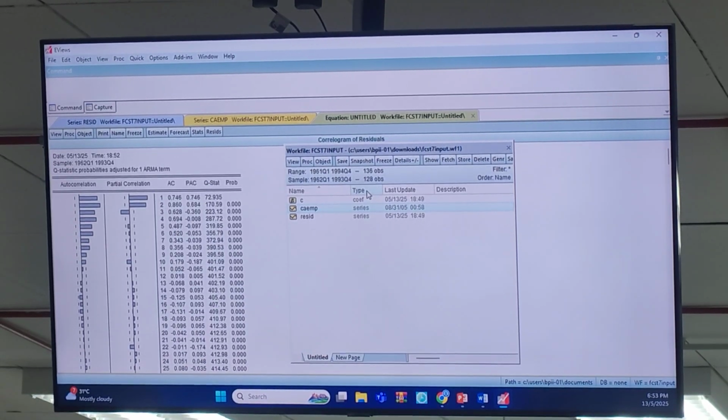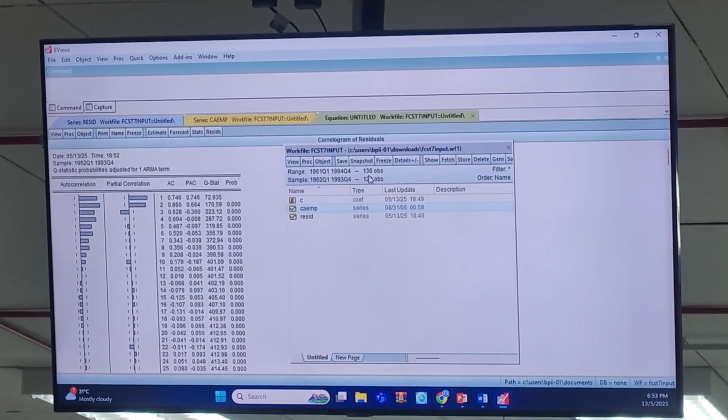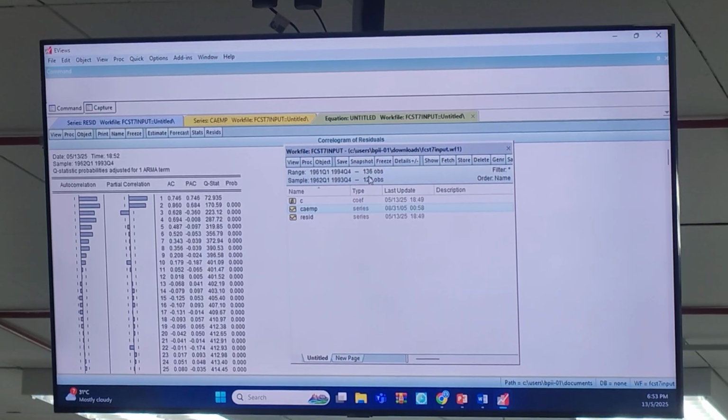For now, let's just use that rule and not go beyond the square root of the sample size. So 11, for example. Let's say at lag 11.